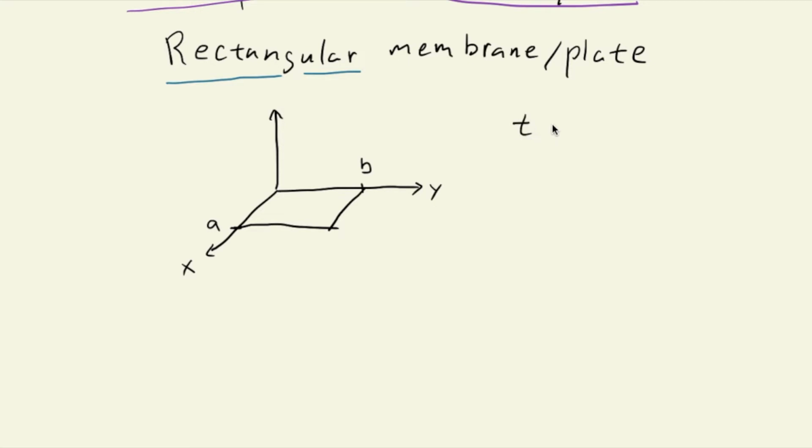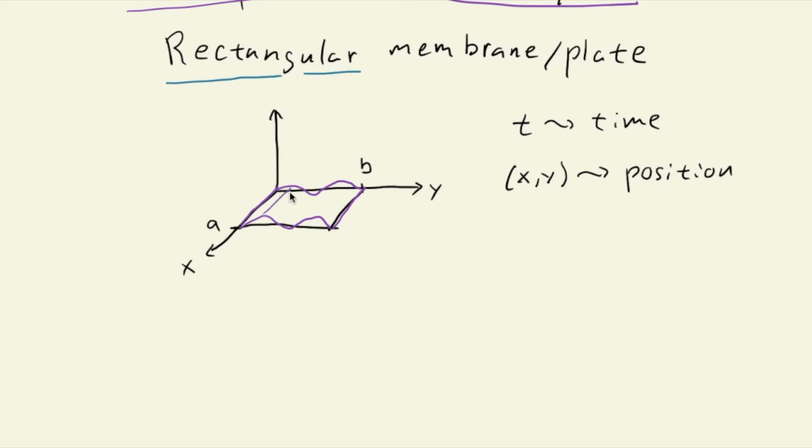The variable t is still time, but now the variable (x, y) defines the position in this rectangle. But at every time now, this is going to start vibrating. If this is a plate it will definitely vibrate a lot less than the membrane of a drum, but they both vibrate.